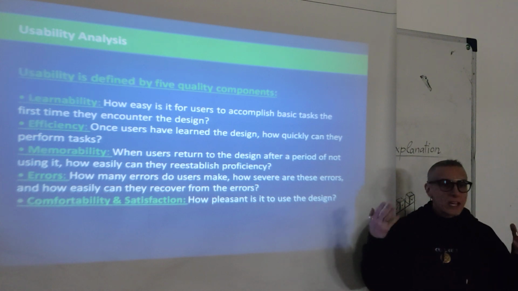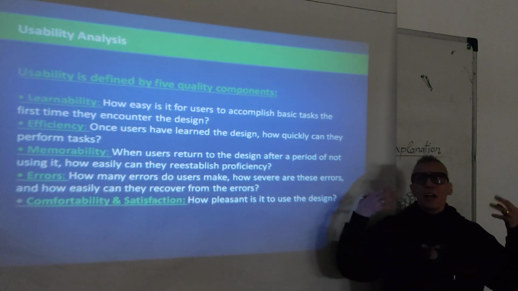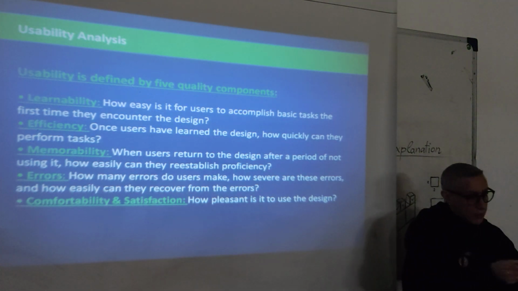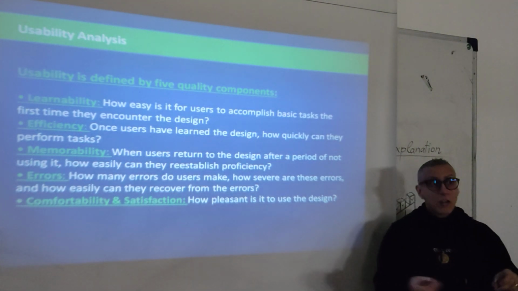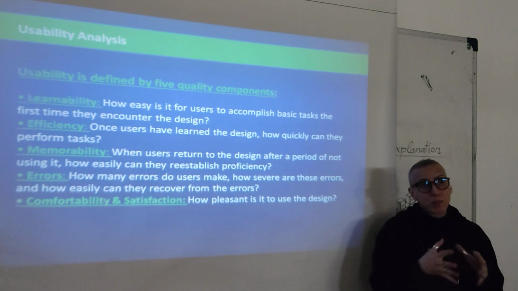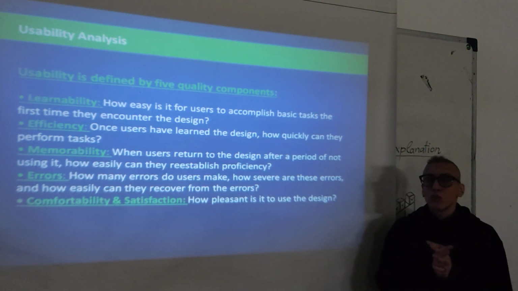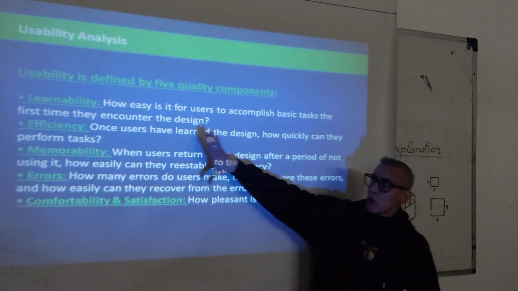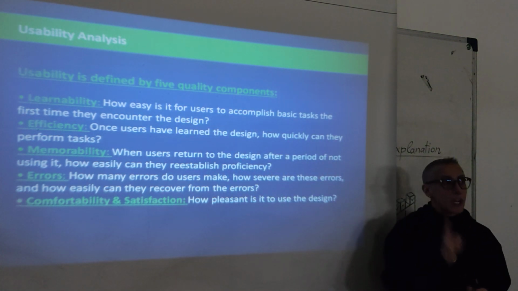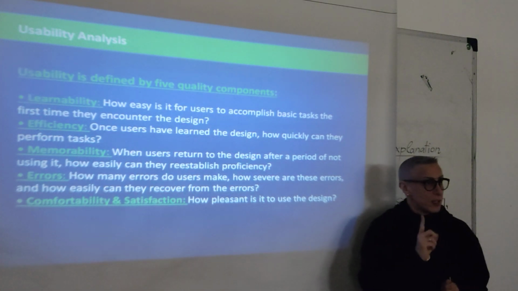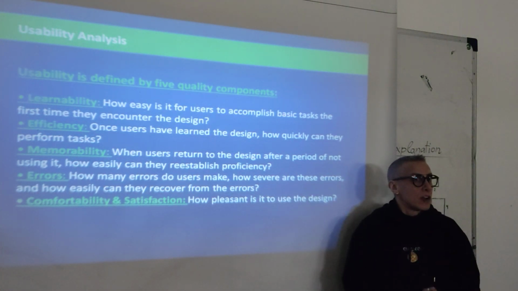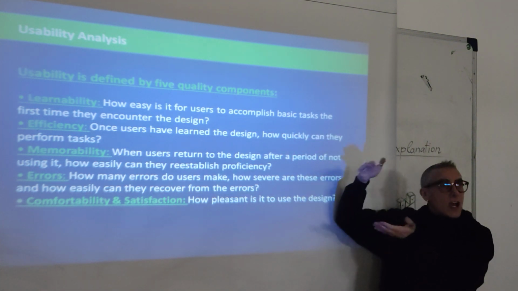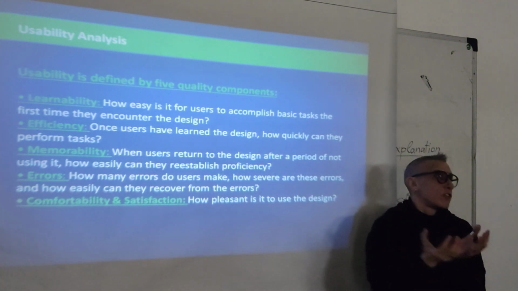Any product, any item, any program, everything in our world, we are either satisfied or not satisfied. If we are not satisfied, that means there is some problem in the design that could be fixed by a designer. So these 5 quality components are used to judge any kind of design. Any type, basically, of design. For what? How easy it is to use this design.